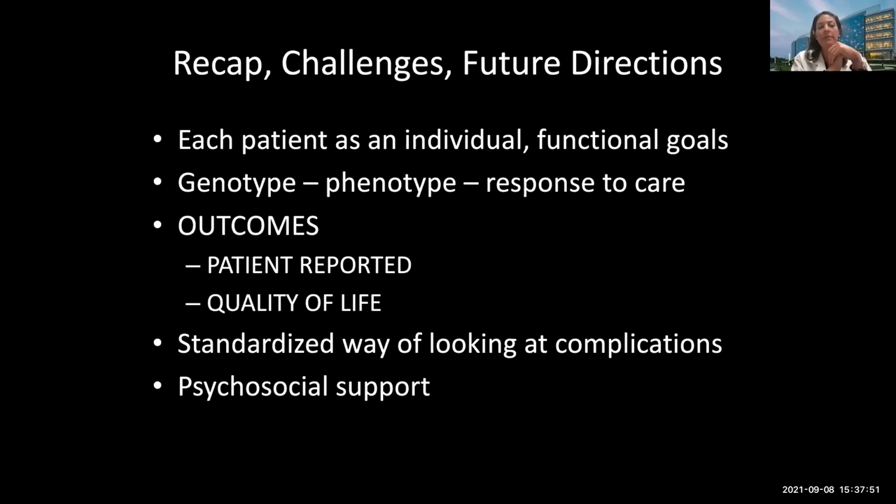We as orthopedists need to challenge ourselves to better understand not only the genotype-phenotype relationship, but really the response to our orthopedic interventions in the setting of different mutations, and better evaluate our outcomes. We're making an effort to focus more and more on patient-reported outcomes and how our orthopedic interventions affect quality of life. We need more standardized ways of looking at complications.